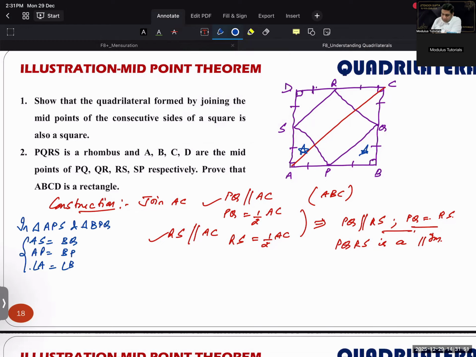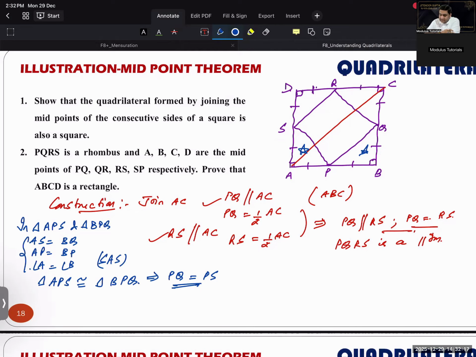Got it? So from here, it is easy to conclude that triangle APS, which congruency is this? SAS, right? Triangle APS is congruent to triangle BPQ, right? So from here, PQ is equal to what? PS. Are you getting my point? PQ is equal to PS.